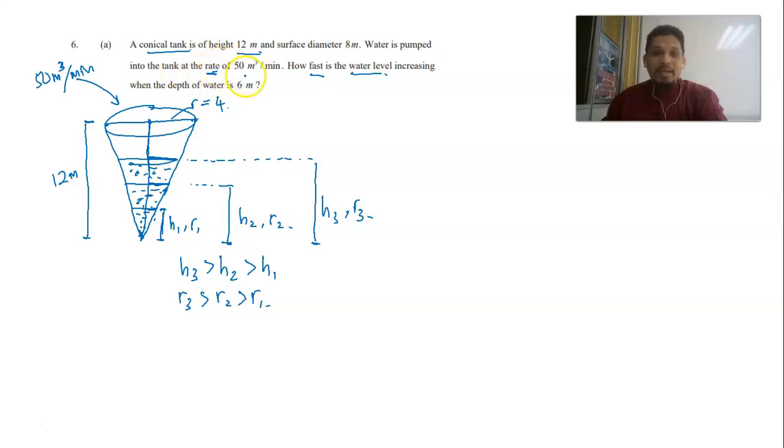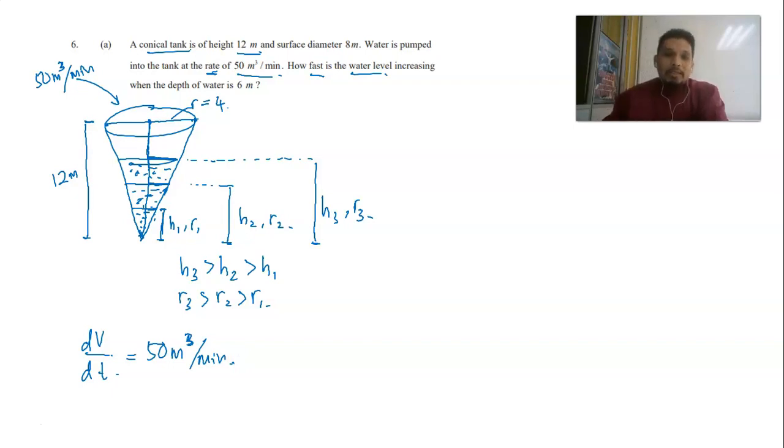Look at this: meter cube is volume, and then per minute is time. So it is the change of volume with respect to time, and in this question it is given as 50 meter cube per minute.